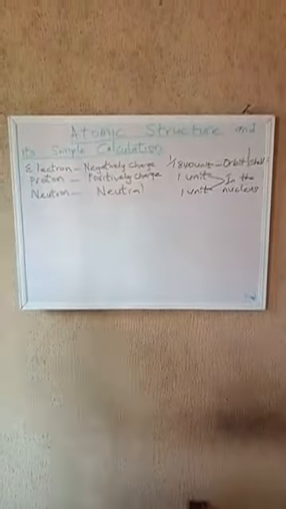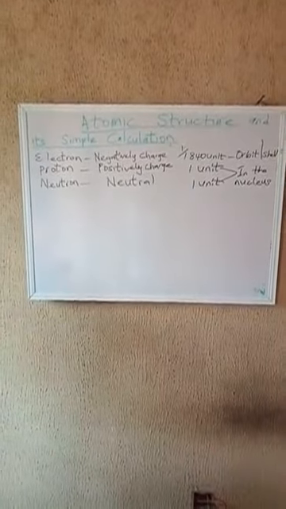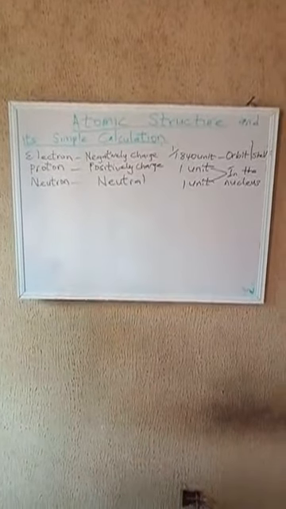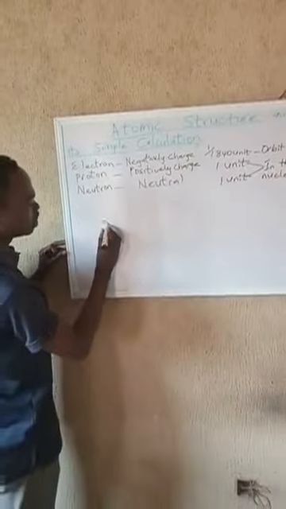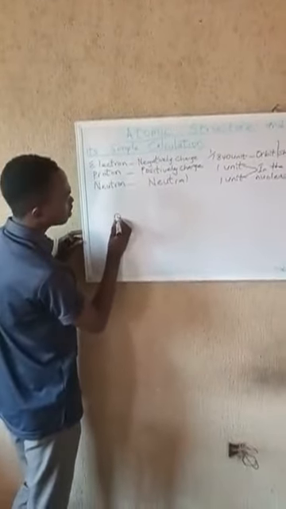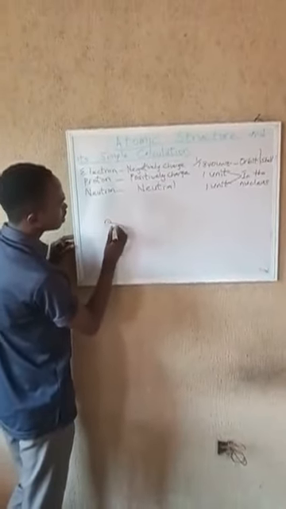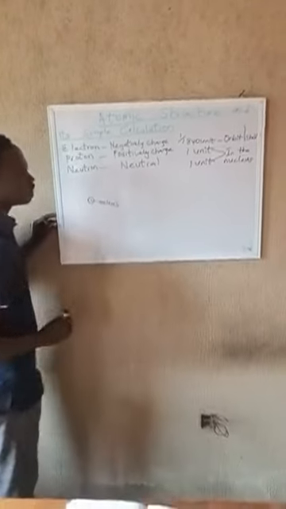So let's make a simple diagrammatic representation of everything we have been saying this morning. We have the atom. The central place of an atom is known as the nucleus. This is the nucleus.